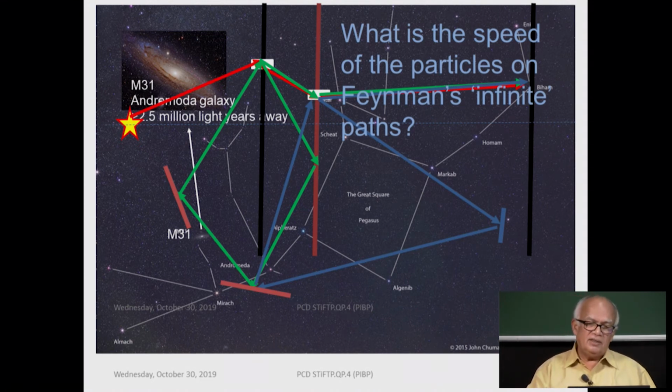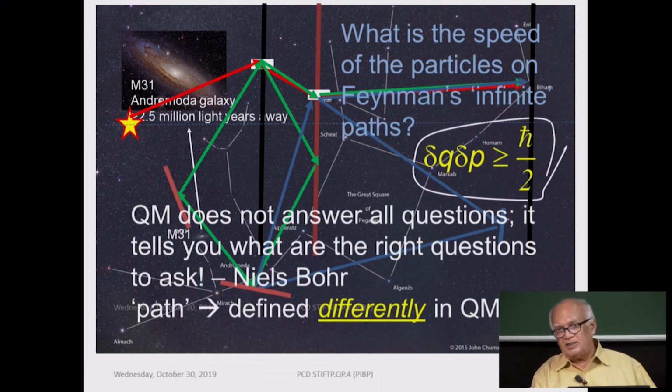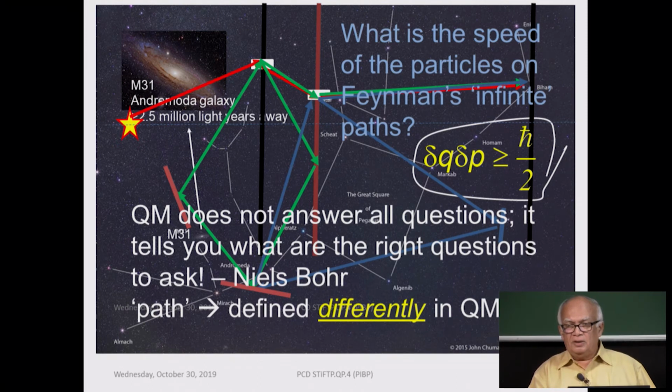Quantum mechanics is telling you what is the right question to be asked, because if you know the position, you lose information about the velocity and momentum and vice versa. Okay? So, the idea of a path that we are using in path integrals is different from the path that we talk about in the classical sense. Okay?